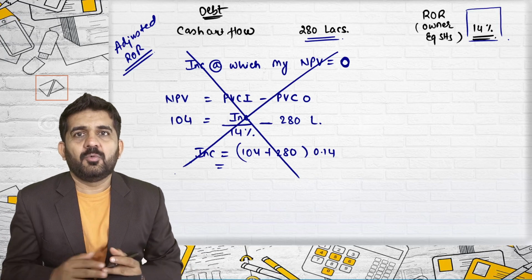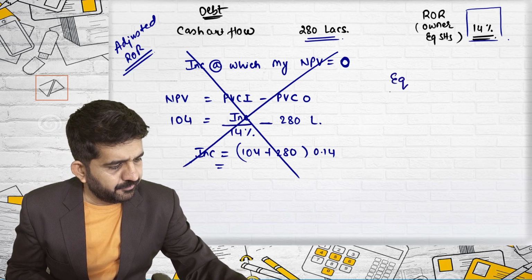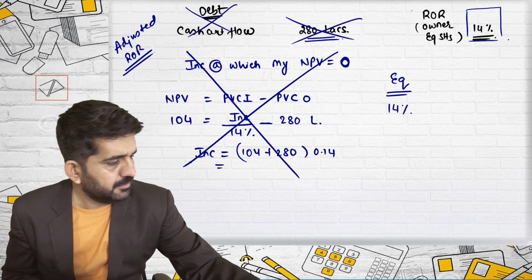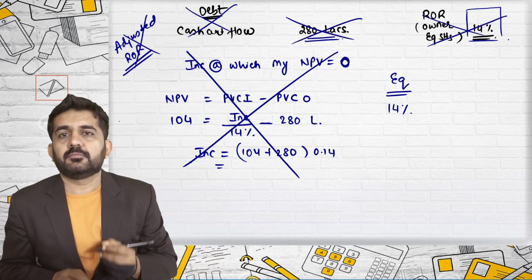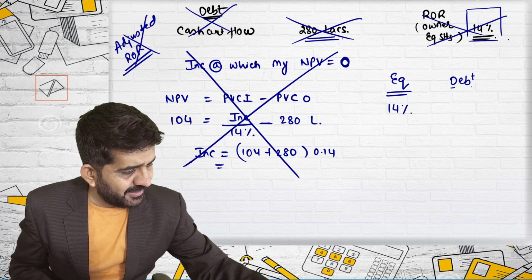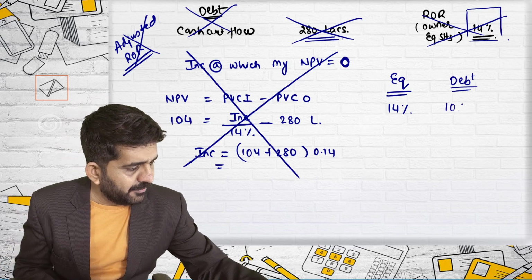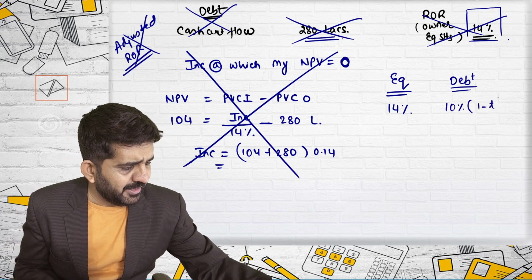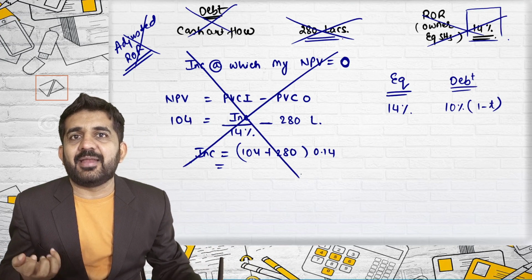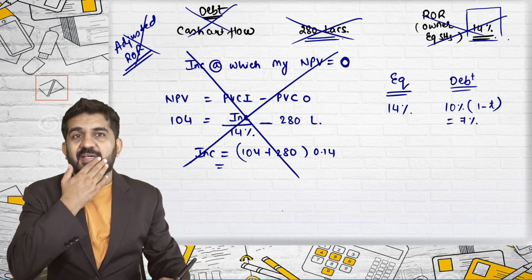Try to concentrate. What they are saying is, first you are financed by equity, where your required rate of return was 14%. Now you are financed by debt, where you need to earn a minimum of 10% into 1 minus t. We have understood cost of debt. If cost of debt is 10% before tax, it will be 7% after tax.